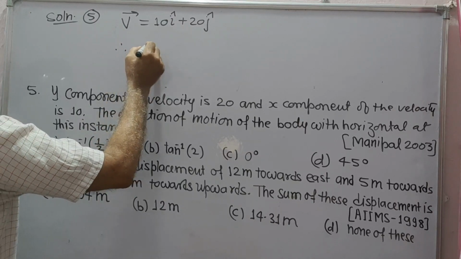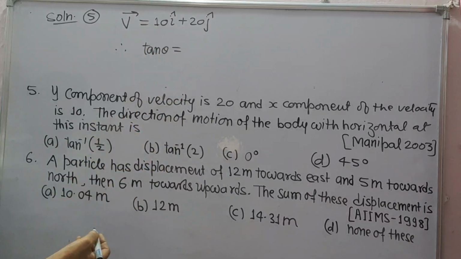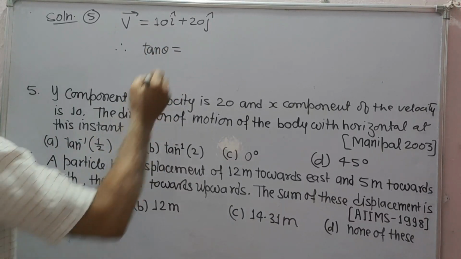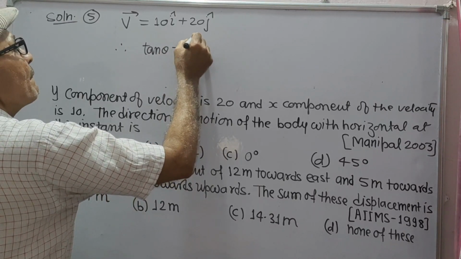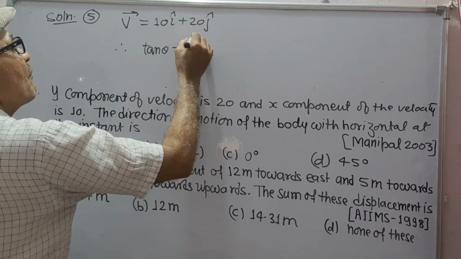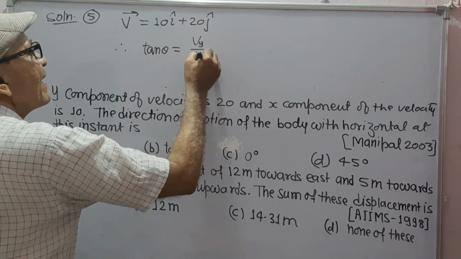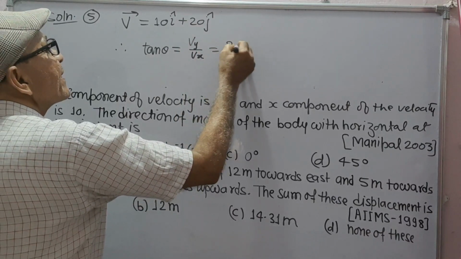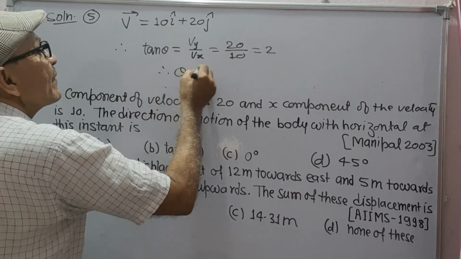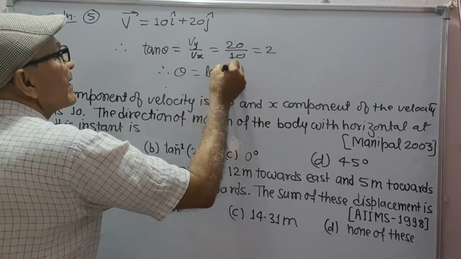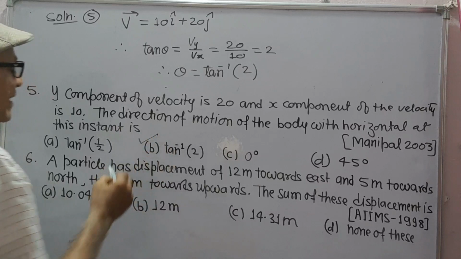Therefore, tan theta, angle between the velocity and horizontal, then tan theta will be equal to v y upon v x, that is 20 upon 10 is equal to 2. Therefore, theta will be equal to tan inverse of 2. So, the correct option will be B.